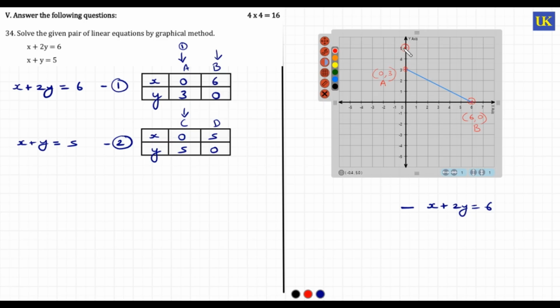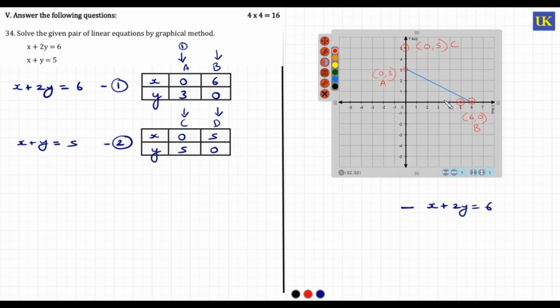Okay, so here x is 0 and y is 5, and this point is C point. That is what we are naming it. And then we have to mark the point D now. So x is 5 and y is 0. X is 5 here.